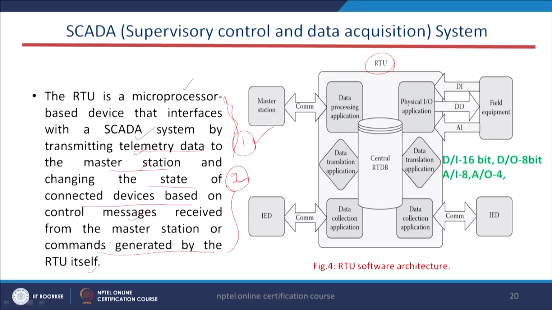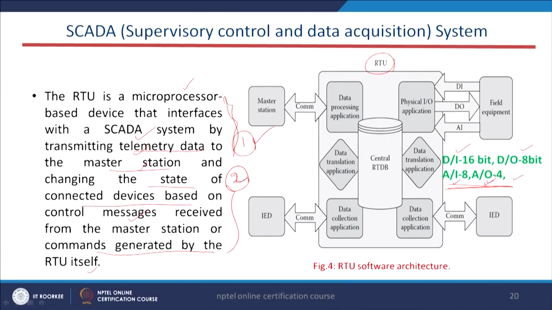And here, as far as the input-output section of this RTU is concerned, in a single RTU we have 16-bit digital input, 8-bit digital output, 8-bit analog input, and 4-bit analog output. These are the specifications of the digital and analog inputs and outputs.